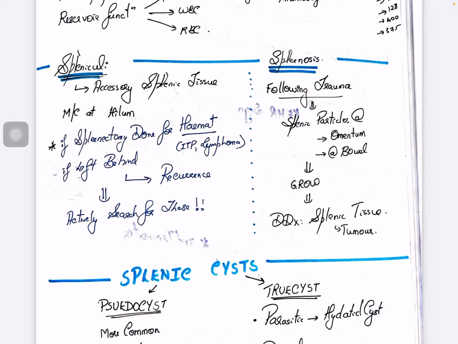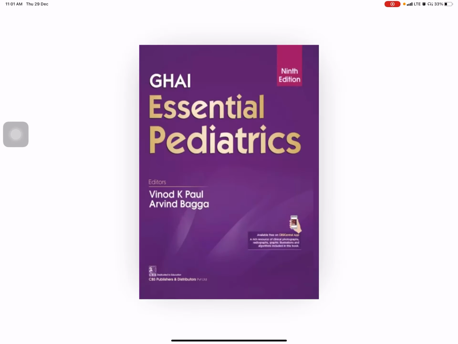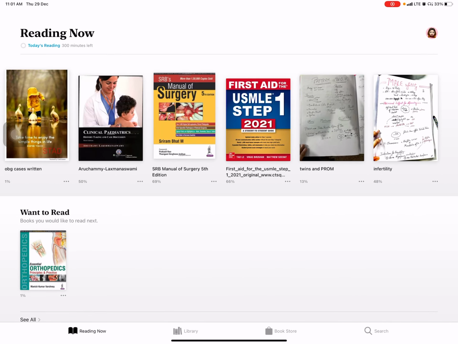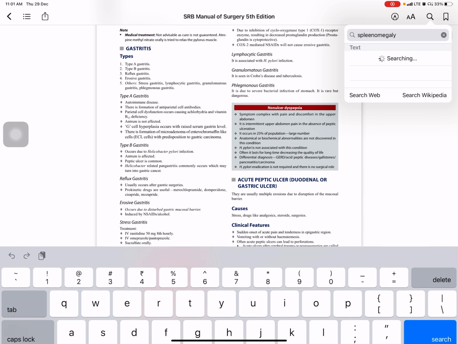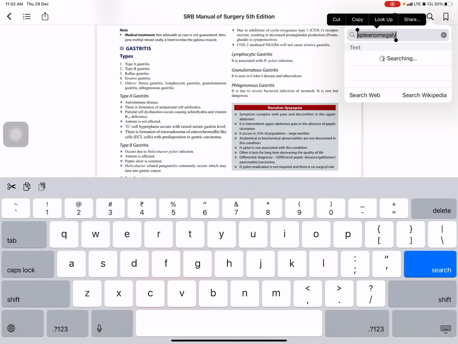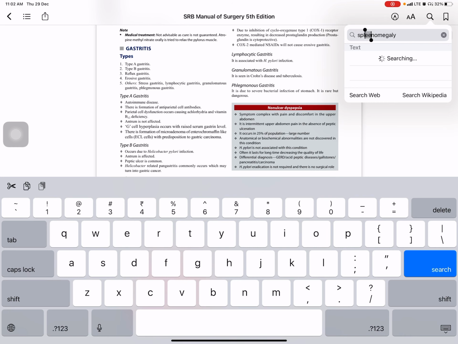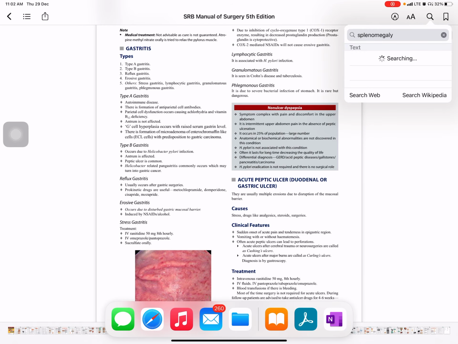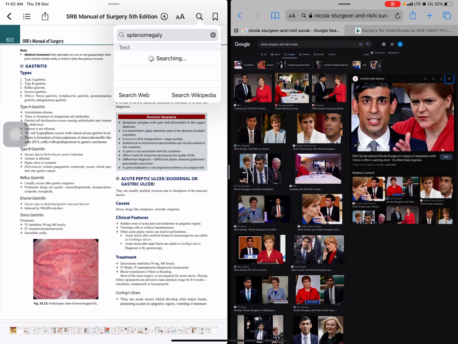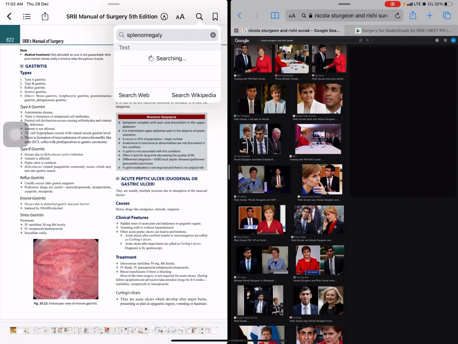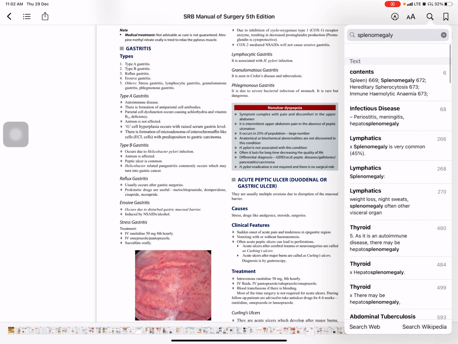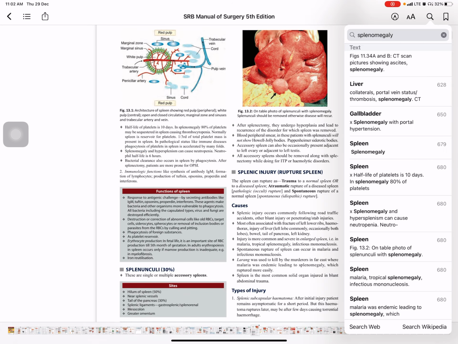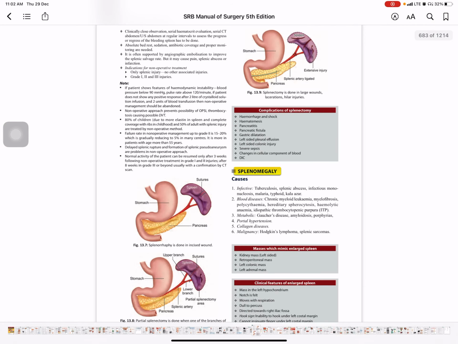If it's not here, it's fine. Splenomegaly causes are in SRB itself, so let's just quickly look at that. Splenomegaly, yeah.